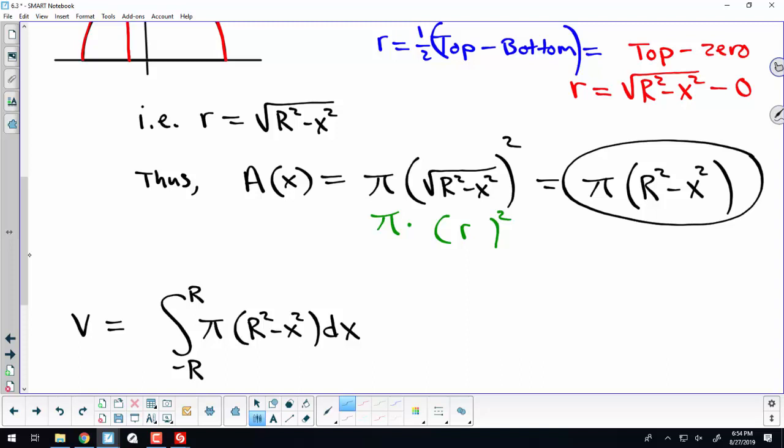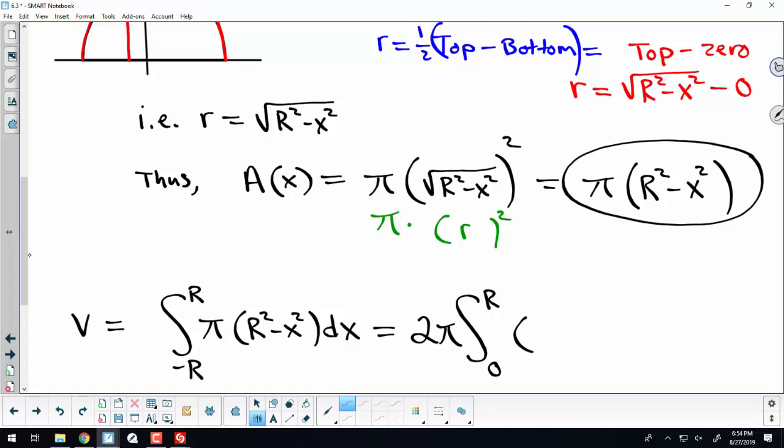Couldn't you, again, do symmetry, 0 to r? Yeah, exactly. That's what we'll do, make it easier too. So again, utilizing symmetry, I'm going to pull out the constant pi as well. If I go from 0 to capital R, I have to double the integral. So I'm going to double that, and pull out my pi from here.